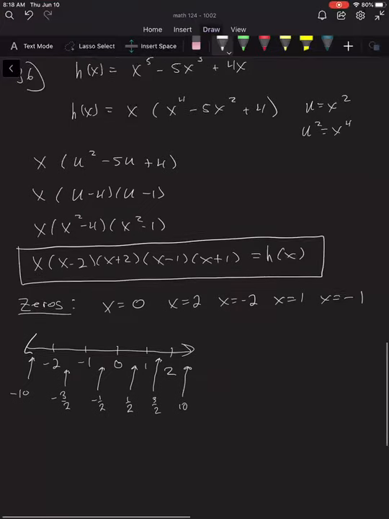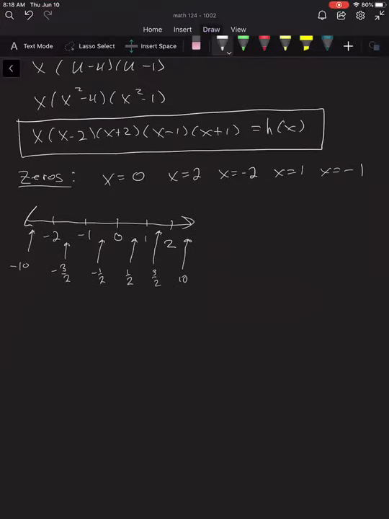Okay, so we have all these numbers. Now we've got to plug those into h of x. So if we plug in minus 10, looking at this box up here, the first number is x, so we'll get a minus. Then we have minus 10 minus 2. That's minus. Minus 10 plus 2 is a minus sign. Minus 10 minus 1 is minus. And then minus 10 plus 1 is minus. So 5 minuses gives us a minus.